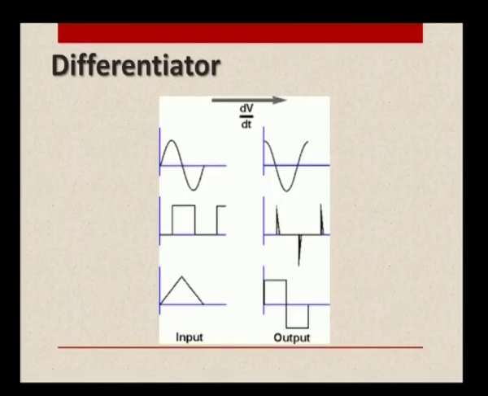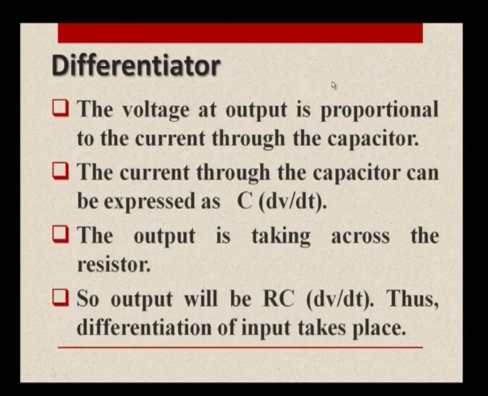What about the other outputs for various inputs? Let us have a look at the inputs and outputs for the differentiator. The differentiator actually differentiates. The voltage at the output is proportional to the current through the capacitor. The current through the capacitor can be expressed as C dV by dt, and the output is taken across the resistor.